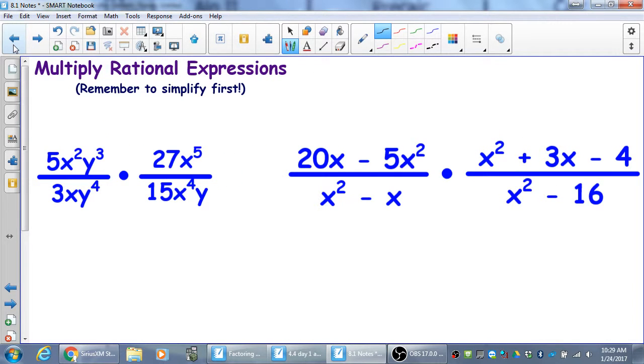Multiply rational expressions. Remember to simplify first. All right, we'll simplify first. What can we do? I can cancel this one with one of these. That's a possibility. I can cancel all of these with 3 of those.